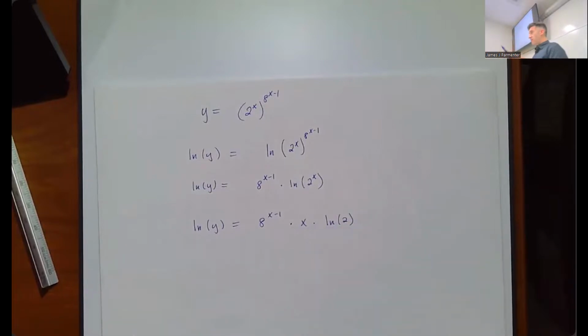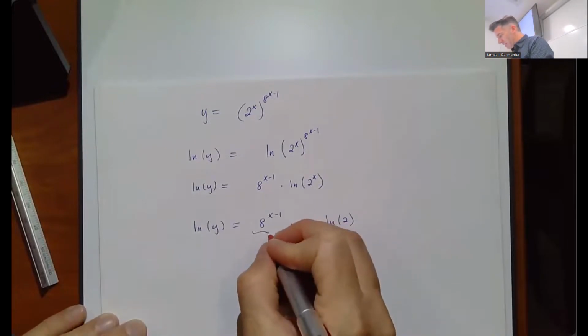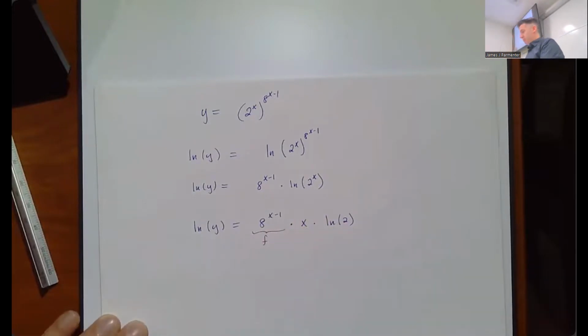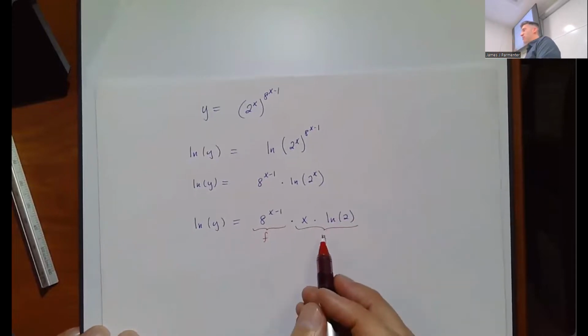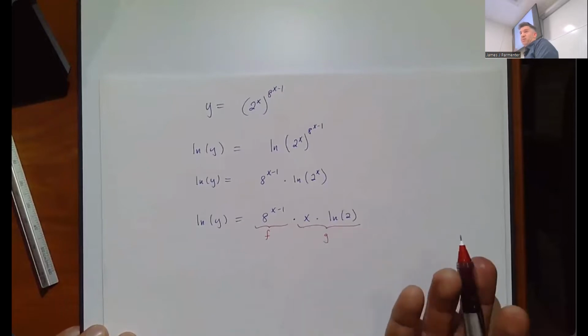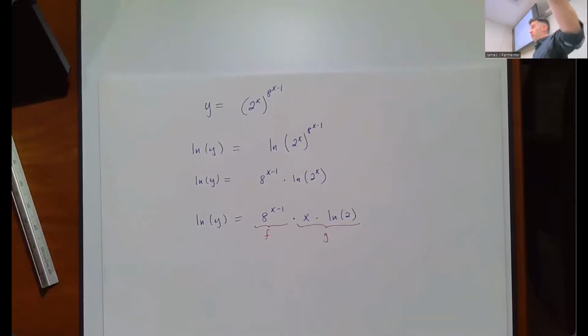Now, fortunately, we still only have to use a regular product rule when we differentiate this, because I only have two variable things multiplied together. I could think of this as my f, and this other part here is my g, because x times natural log of 2 is just x times a constant. Natural log of 2 is like 0.7-ish. I think it's like 0.69, but whatever.